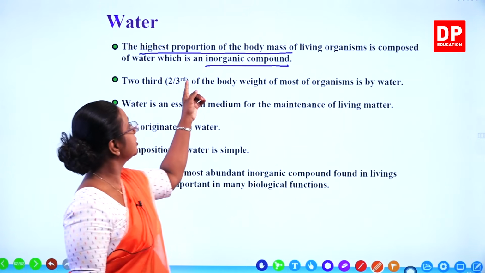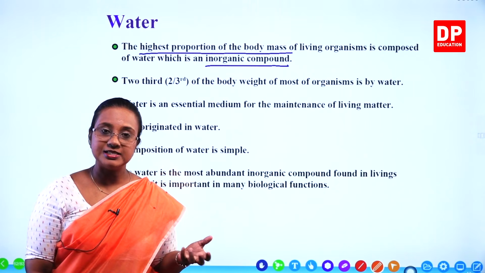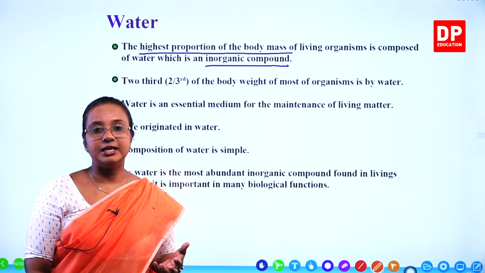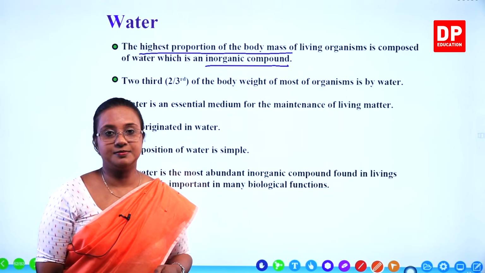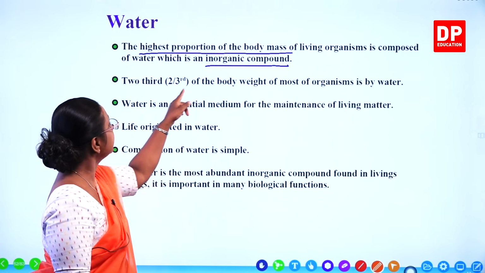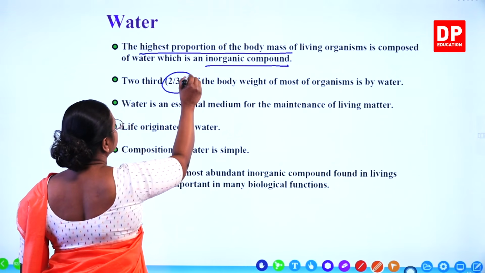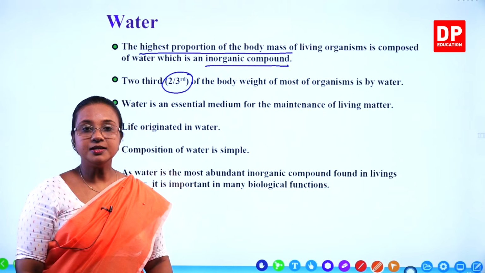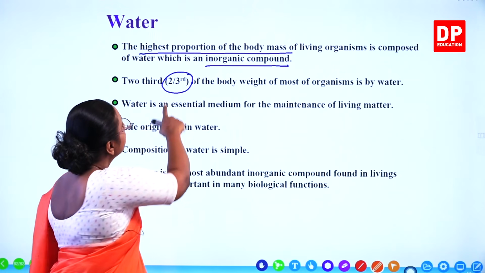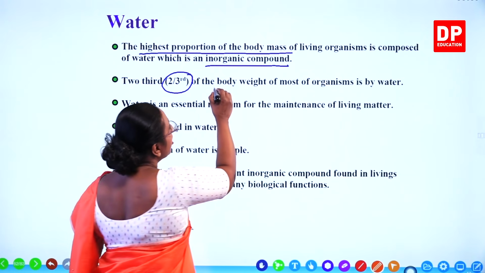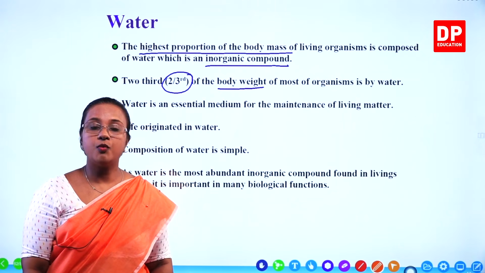And water is one of the main inorganic compounds, or we can actually say the main inorganic compound present in bodies of living organisms. So if we take the body weight, if it is 100%, about 66 to 67%, that is 2/3 of the body weight of most organisms is water.